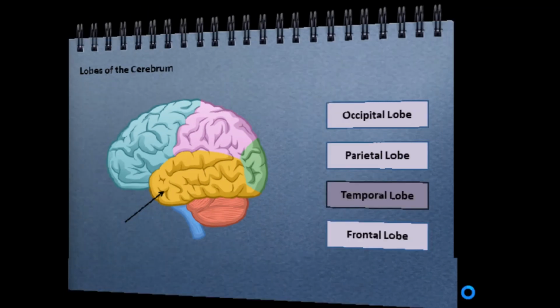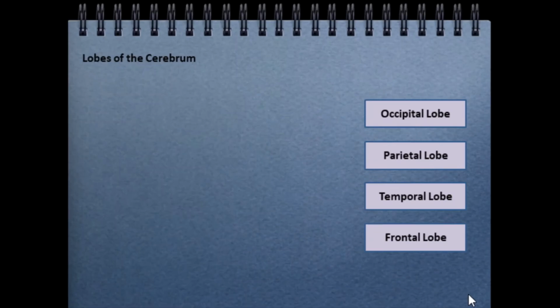How about this one? The green part of the brain. It's the... Is it parietal or occipital? It's occipital.